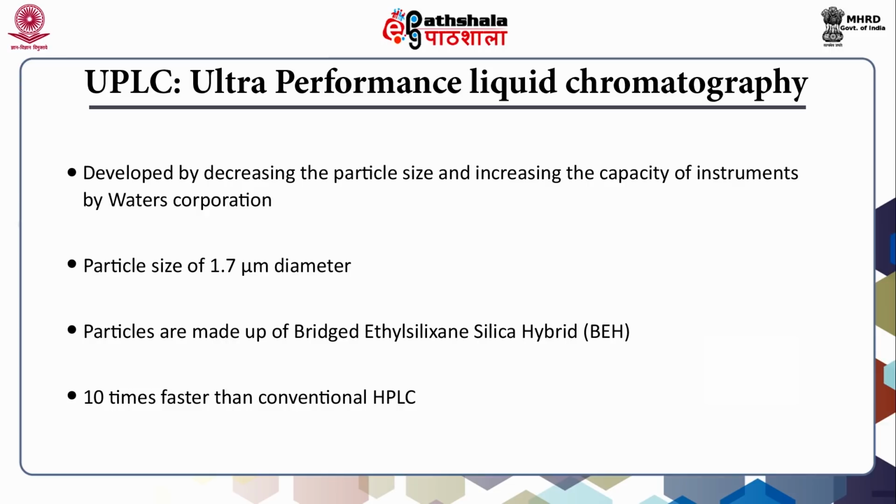What they have done, basically, is decrease the particle size and increase the capacity of the instruments to withstand the pressure. That is the simple thing. By doing that, the efficiency of HPLC is increased and it is faster, and that is called UPLC. We can appreciate the separation of the molecules and the speed of UPLC in the next slide.